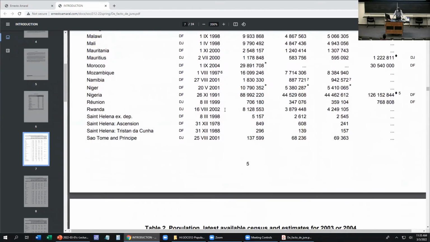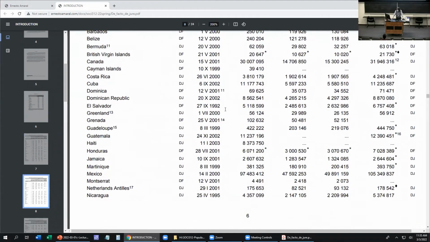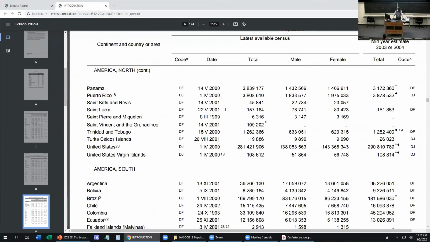And for the US, if you keep going, you have right here April 1st, 2000, at the time of the 2000 census, the estimated population, a de jure census. Brazil also. In Brazil, the date of reference is August 1st, 2000.